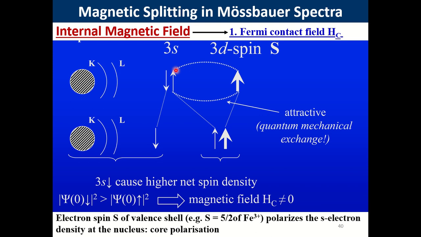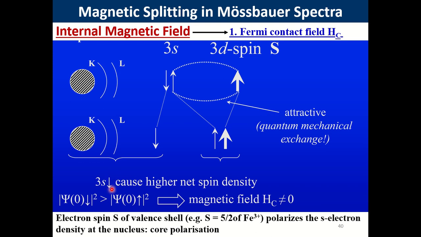This 3s electron will tend to stay in close proximity with these electrons to have a strong quantum mechanical exchange, whereas the other one has a greater chance of being at the nucleus.